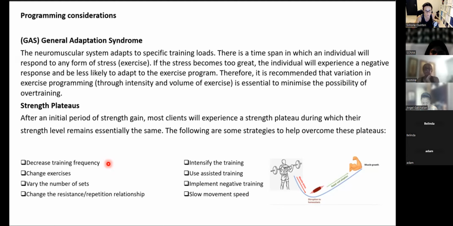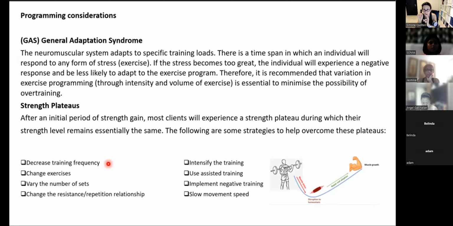Some people want to go to the gym every single day because they don't want to see the family at home, okay? Sometimes it's like that, right? So maybe you change it. Instead of doing a split routine and seeing him every single day, you say, okay, you know what? I see you Monday, Wednesday and Friday. And we do lower body, upper body, and then a full body workout, for example. So you will decrease the training frequency.